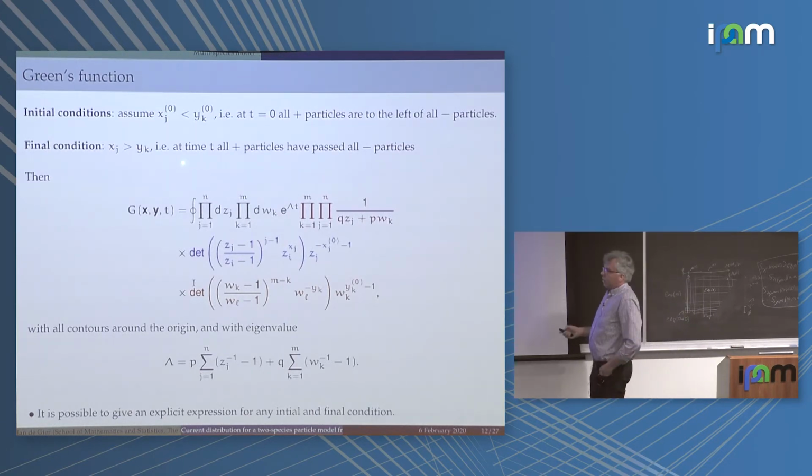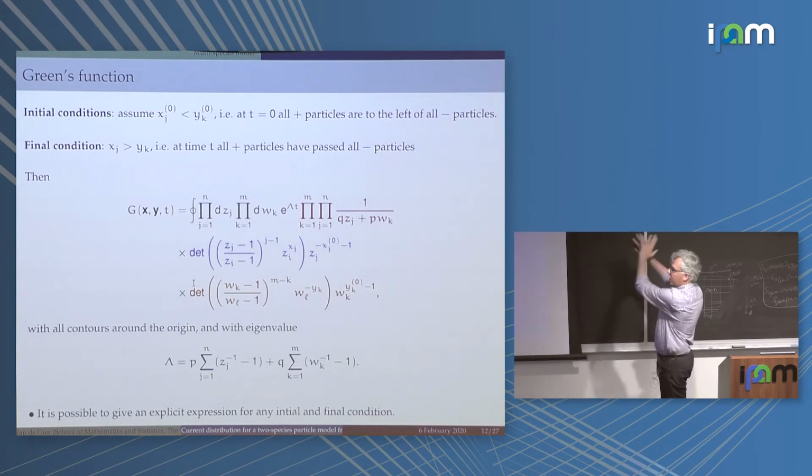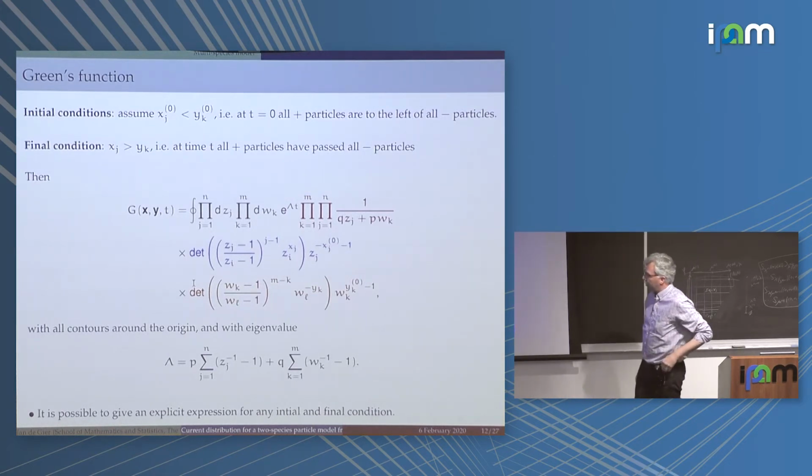And we take the final condition that after some time t, they have fully crossed, namely that all the plus particles are to the right of all the minus particles, right? So I start like this and I end up like that after some time t. So what is the probability of that happening? Well, the probability is this formula here.